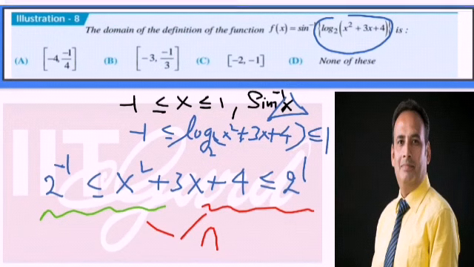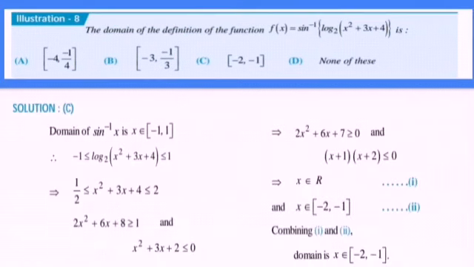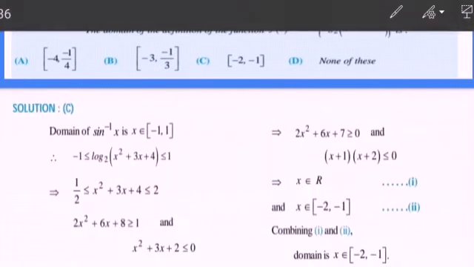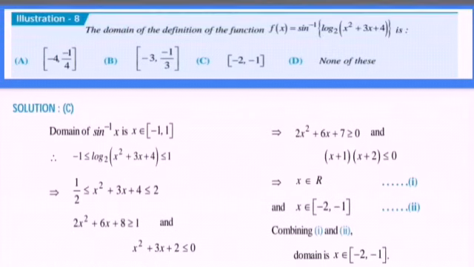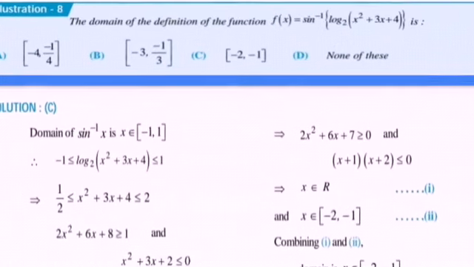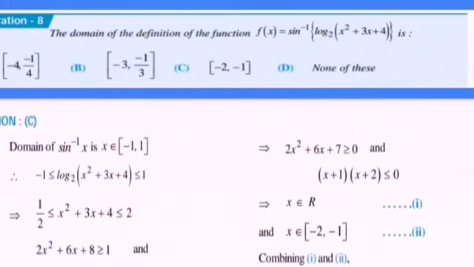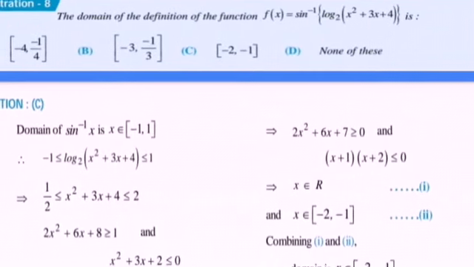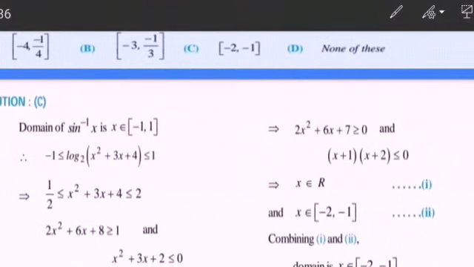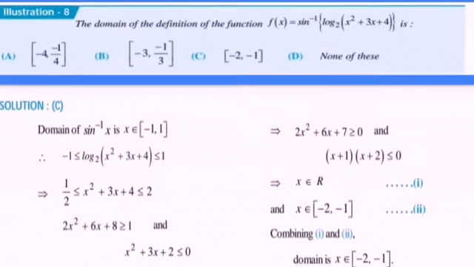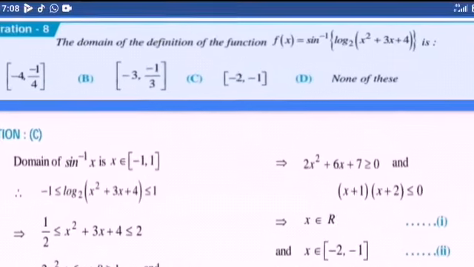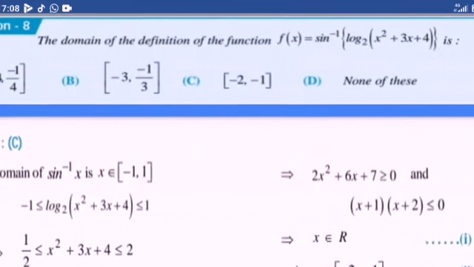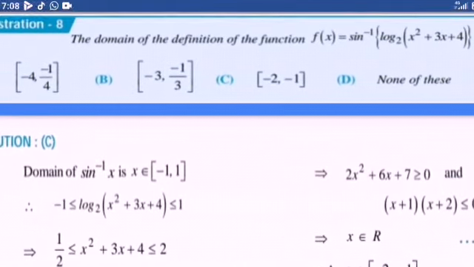And the other one, for 2x square plus 6x plus 7, if you find the discriminant of this part, the discriminant is negative.